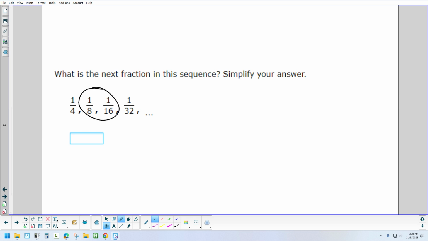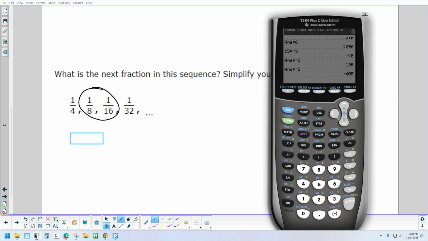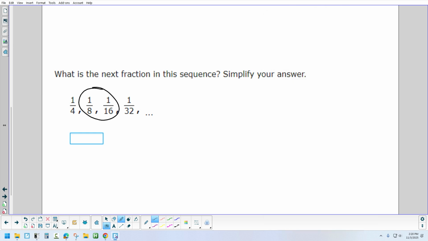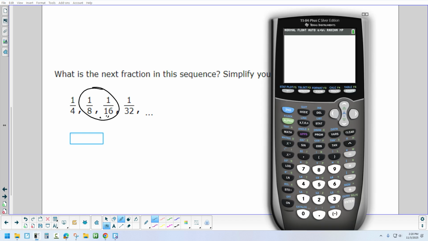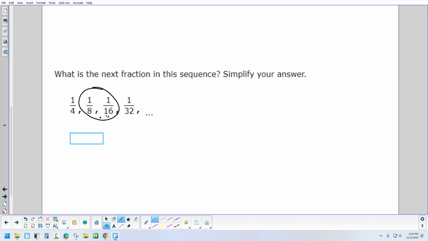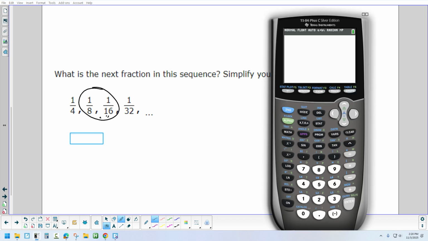Divided. Yeah, what would you divide by what? So what would we do with these two to figure out the common ratio? It can't be anything with a half, because we don't know that it's a half. Divide them by each other. Yeah, take any term and divide by the one that comes immediately before it.